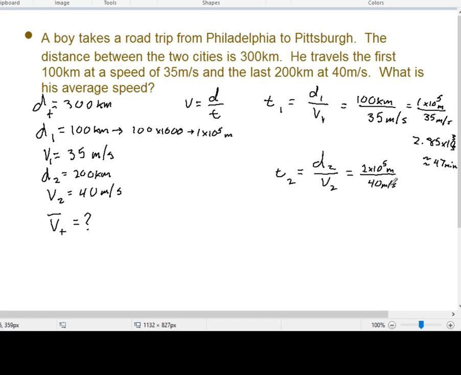So if I do that on the calculator, I get 5,000 seconds. If I divide that by 60, that's 83 minutes.